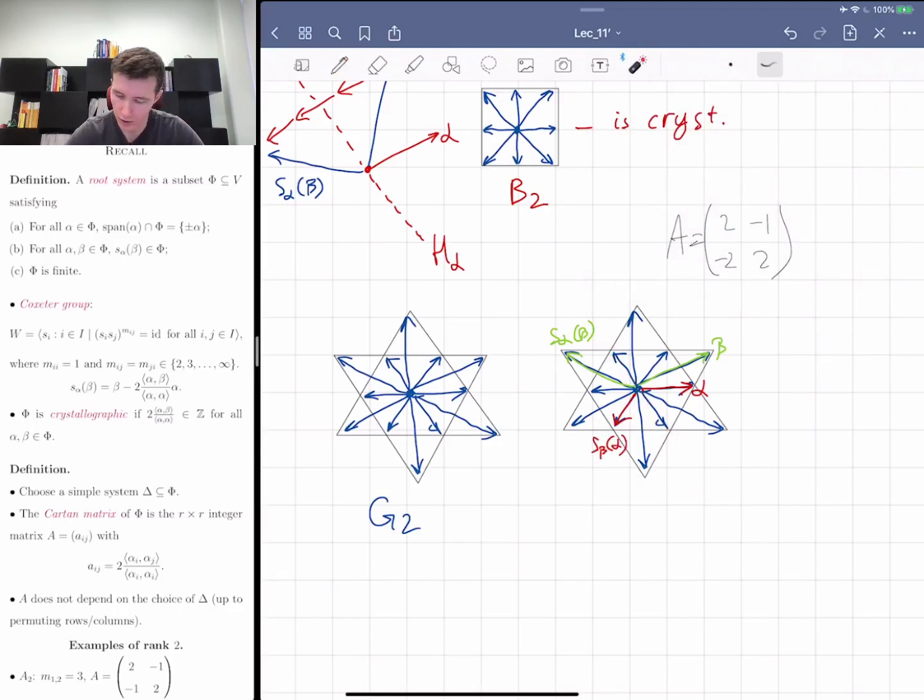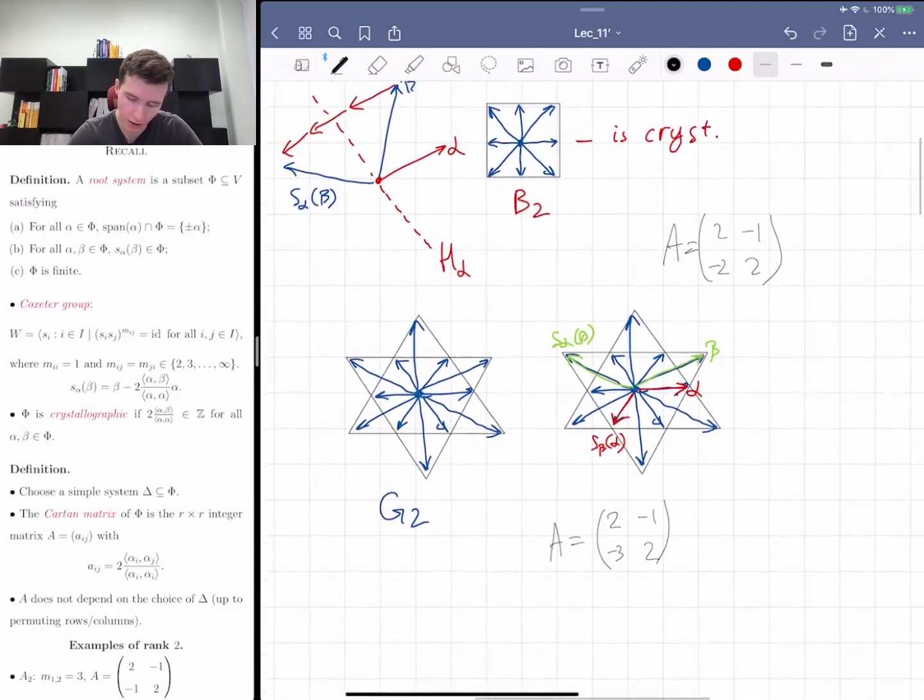And the number of copies of beta I need to add to get from alpha to its reflection is just 1. Well, -1. And that's it. So the conclusion is that this is a crystallographic root system, and the Cartan matrix is given by, it has a -1 and a -3. And that's it.